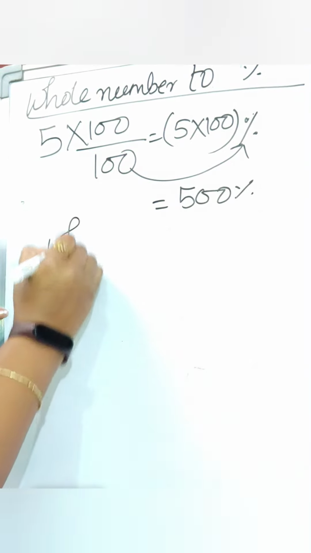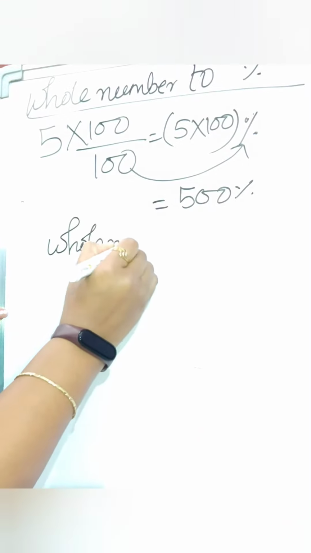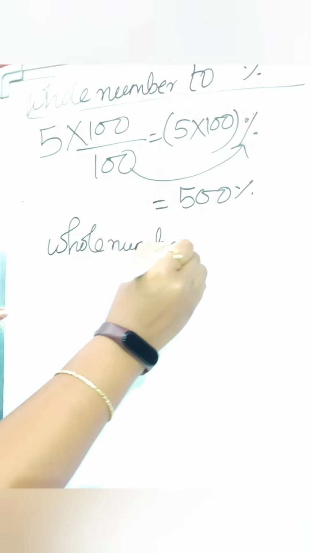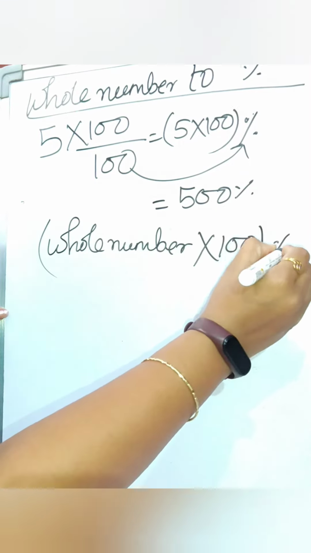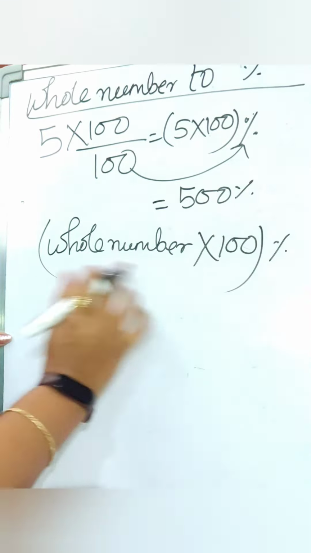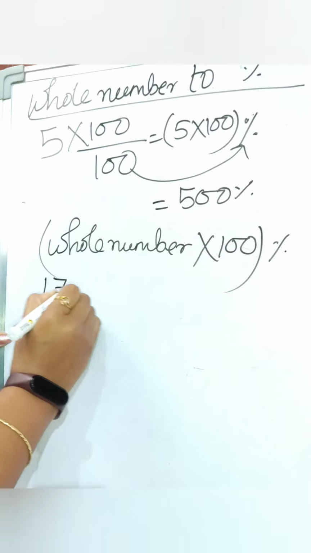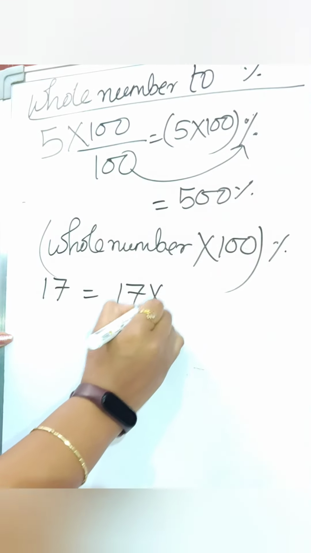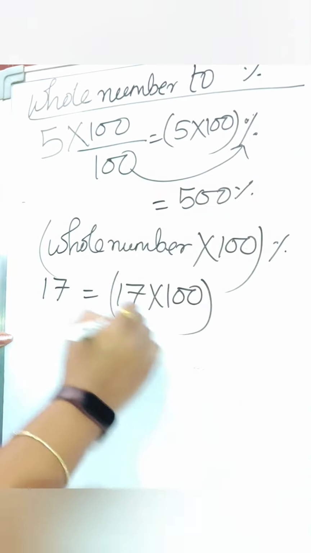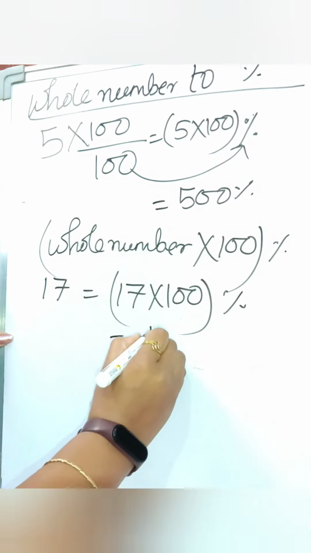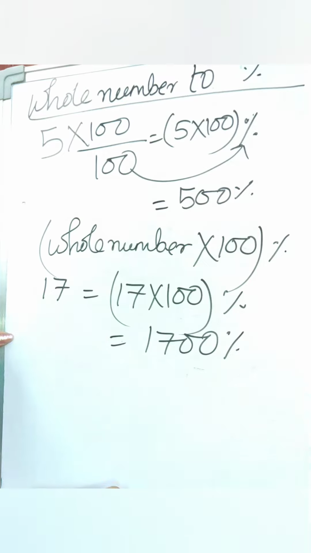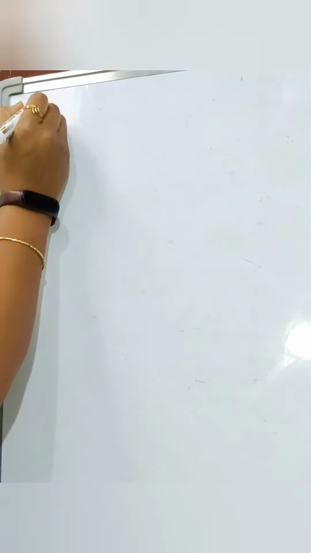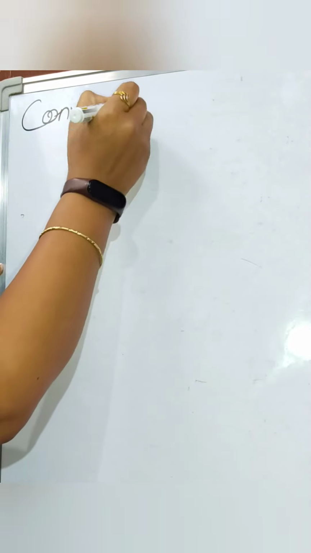It means the trick is: whole number into 100 inside the bracket and outside the percentage sign. So easily we can convert any number, fraction, decimal, whole number, natural number, just by multiplying by 100 and putting the percentage sign outside. Like 17 into 100 with the percentage sign, it is 1700%.